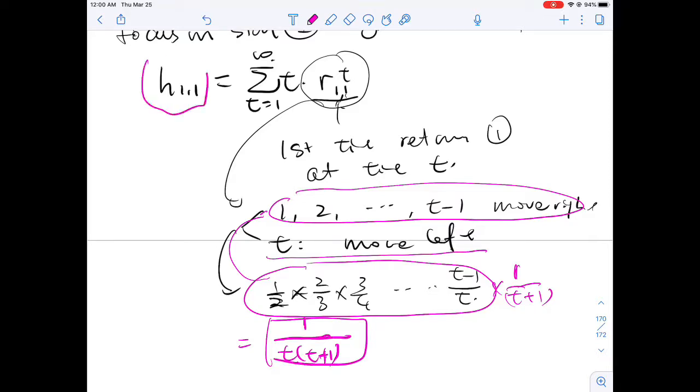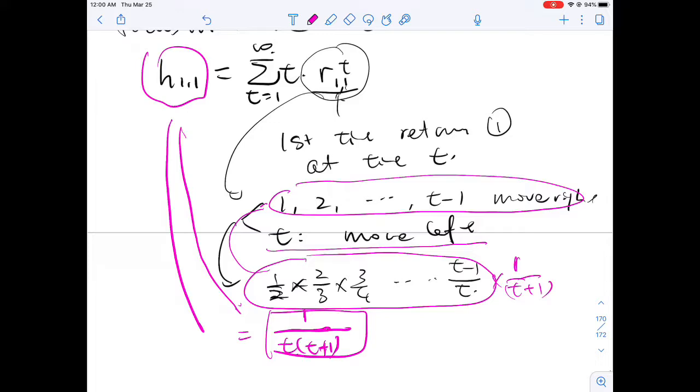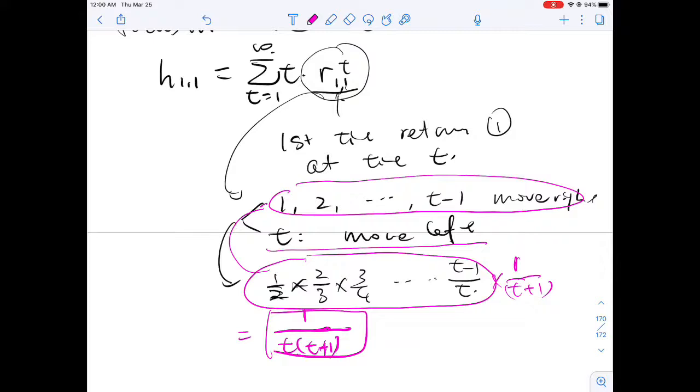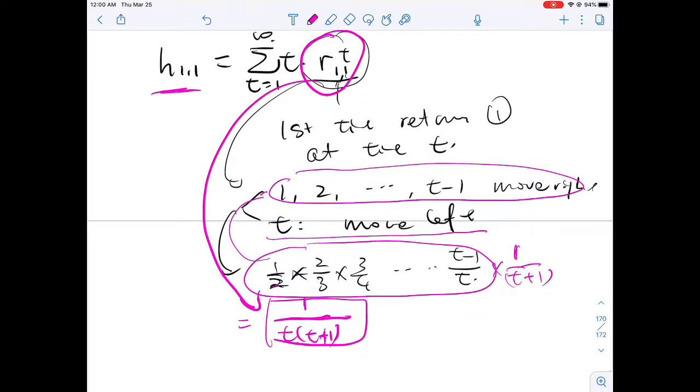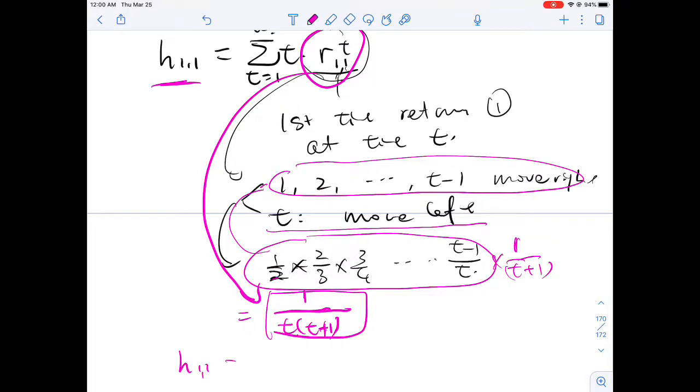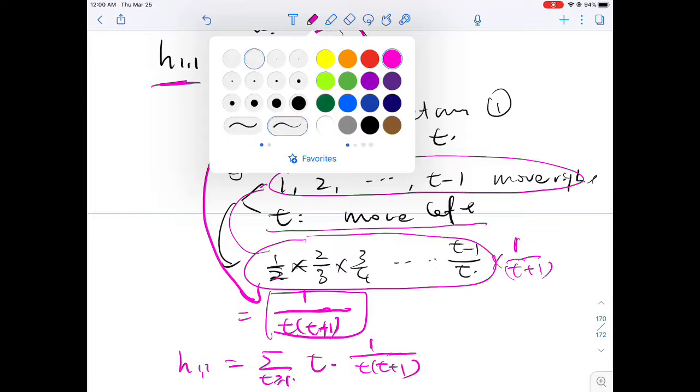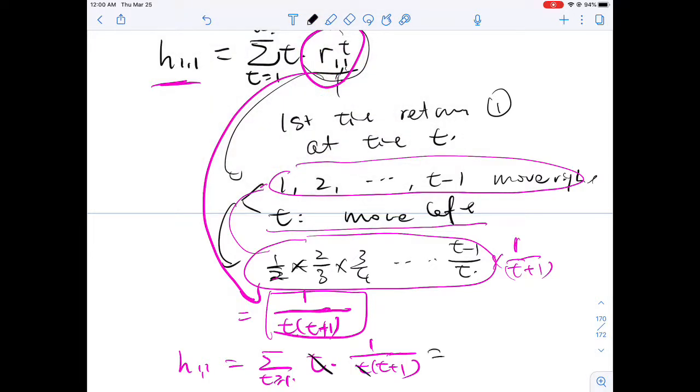So h_11 is the sum for t greater than or equal to 1 of t times 1 over t times (t plus 1). These two get cancelled, and eventually we get the sum for t greater than or equal to 1 of 1 over (t plus 1). This one actually diverges.